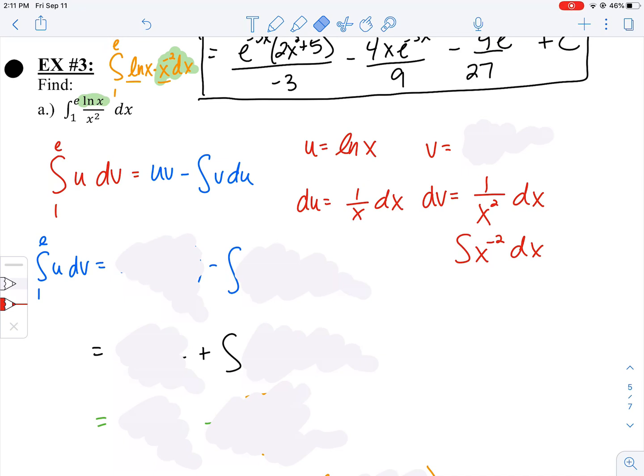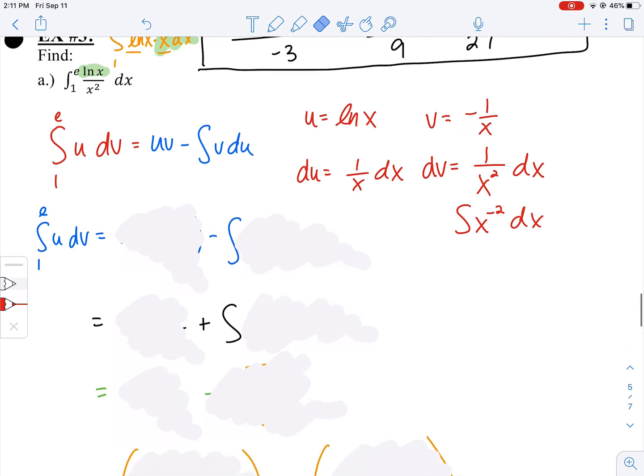So the derivative of natural log of x is 1 over x dx. If my dv is 1 over x squared, or x to the negative 2, then the antiderivative, the integral of that, would be x to the negative 1 divided by negative 1. You can manipulate that a little bit and eventually get negative 1 over x if you wanted positive exponents.